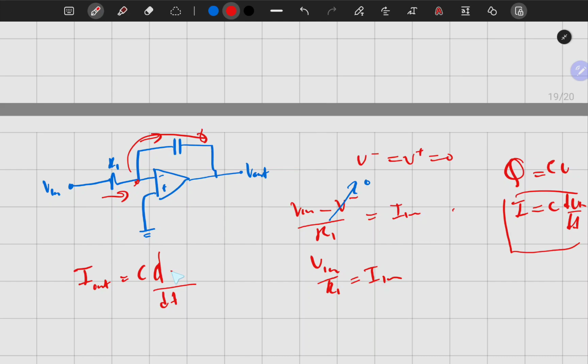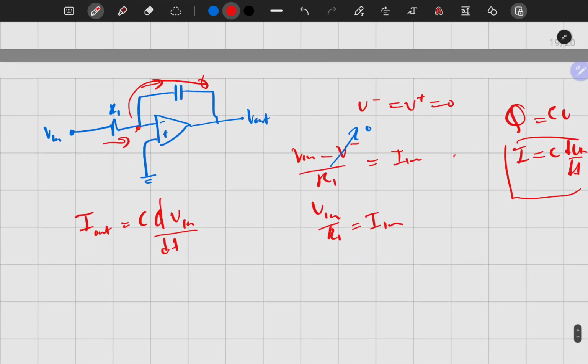Okay, hope I didn't make any mistake. And now I can actually equate these. I think I'll be talking about V out because I want to have V out.